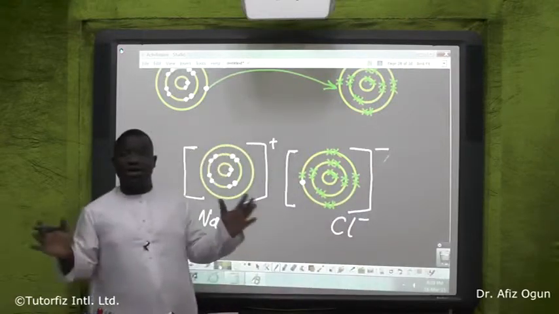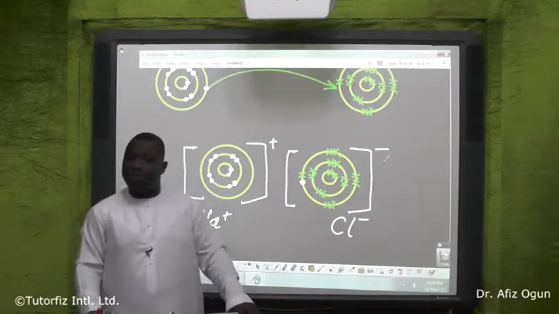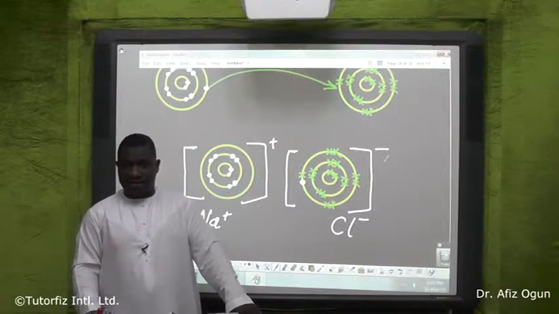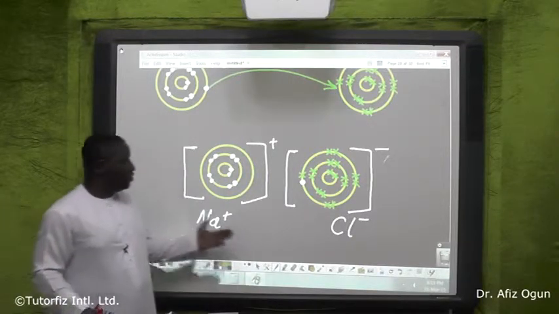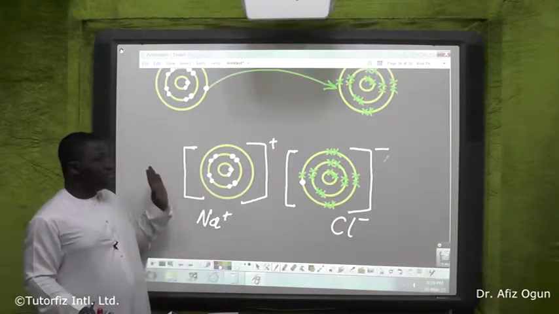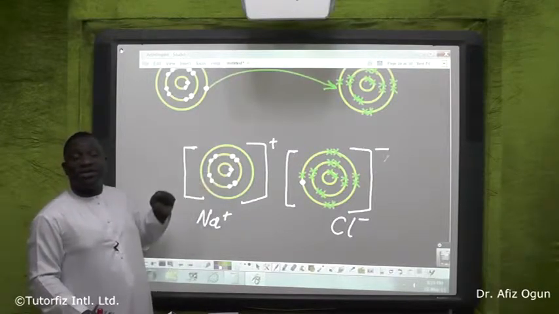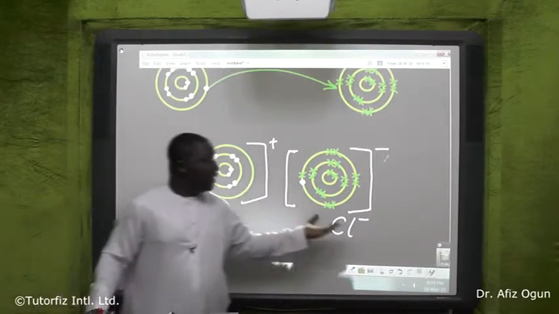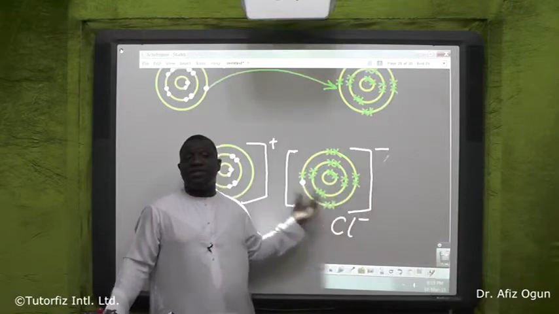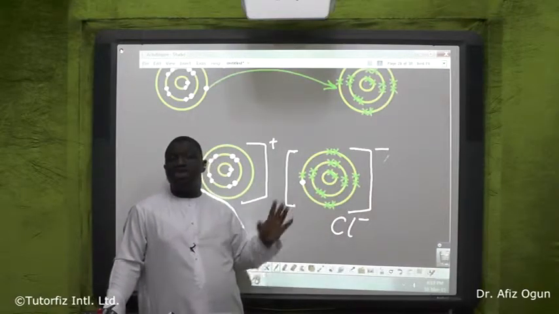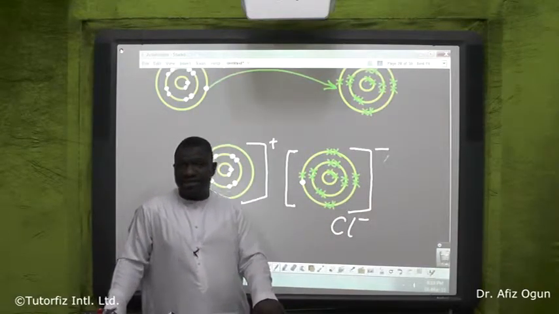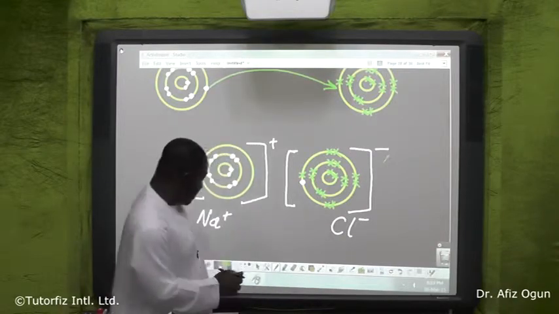So look at it. Sodium ion has its complete outer shell, so it's like the noble gases. Chloride ion has its complete outer shell, it's like the noble gases. So they stay like this forever and ever.